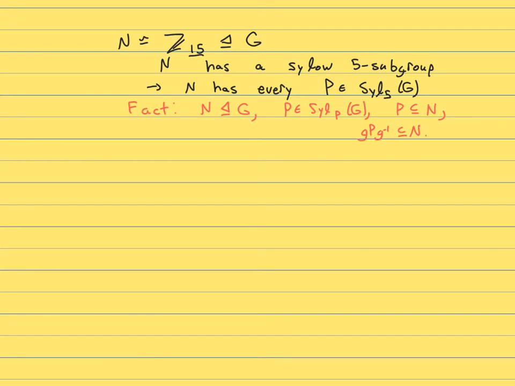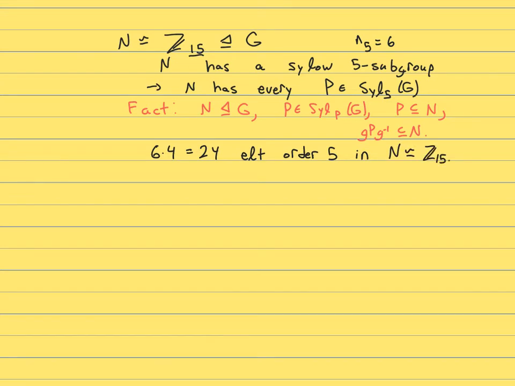And so why do I care about that? Well, because we're in this case where we're trying to assume that n sub 5 is 6. So that means that we've got 24 elements here of order 5 in this group that's isomorphic to Z mod 15.